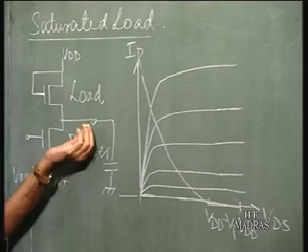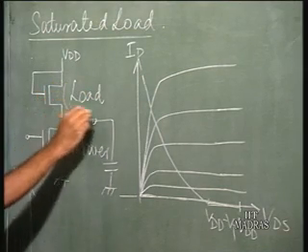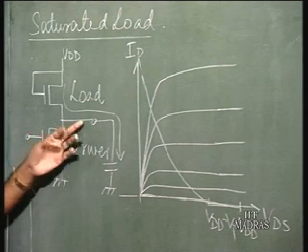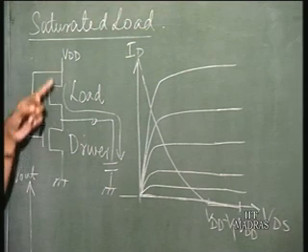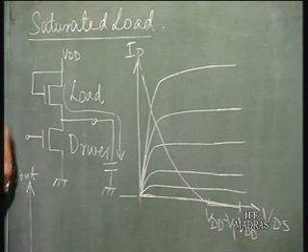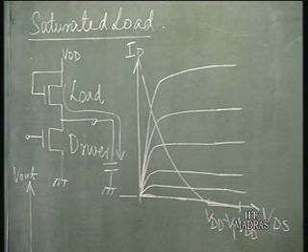So, the output voltage is going to rise, because the current will flow this way to charge the capacitance. And as the output voltage rises, the source voltage of this load device is increasing and the gate to source voltage is falling, because the gate voltage is fixed at VDD.